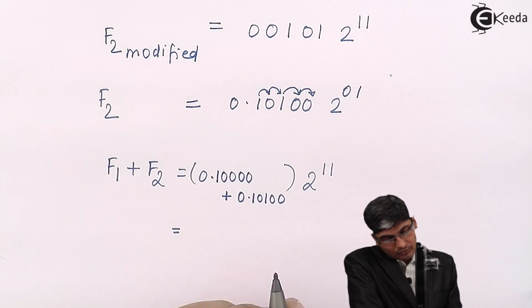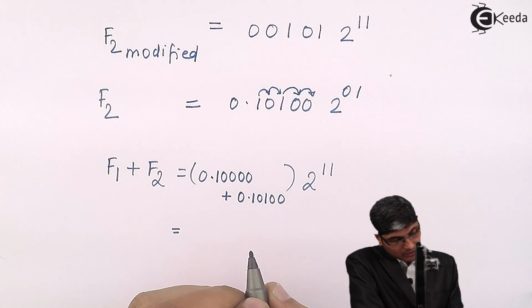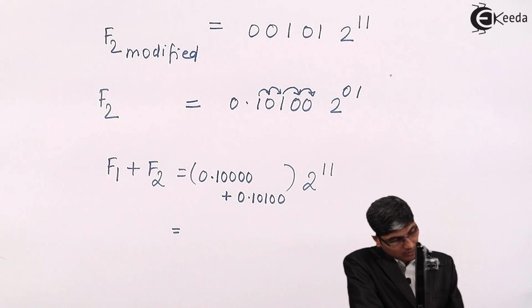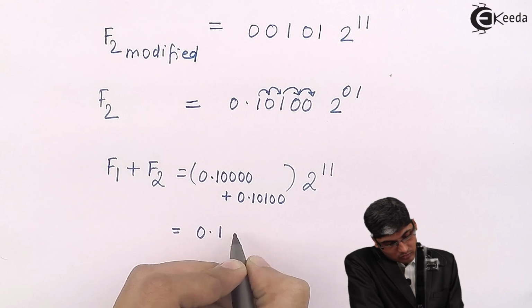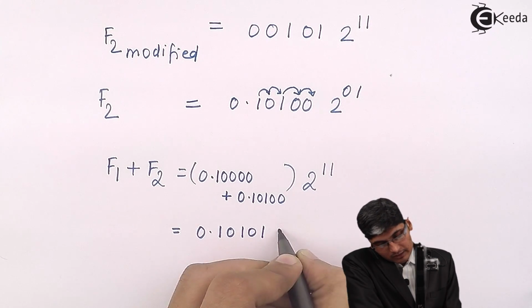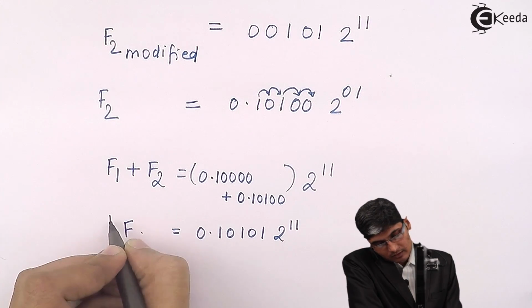If you add them together, you will get the result M to be 0.10101, and this characteristic is 2 raised to 1. This is my final F.